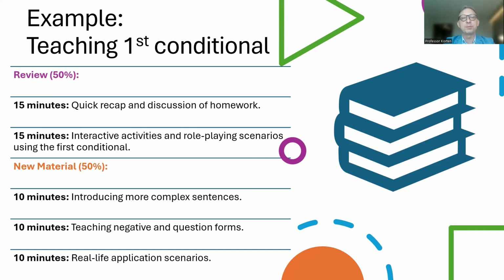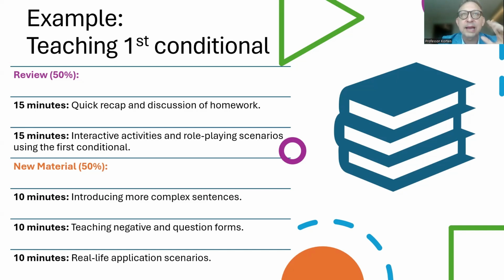And then instead of introducing the second conditional, because it's going way too quickly for most students to master the first conditional in one meeting, regardless of what they say, we introduce more complex sentences. In other words, adumbrate, or go into slightly more detail, make the example slightly more complicated.